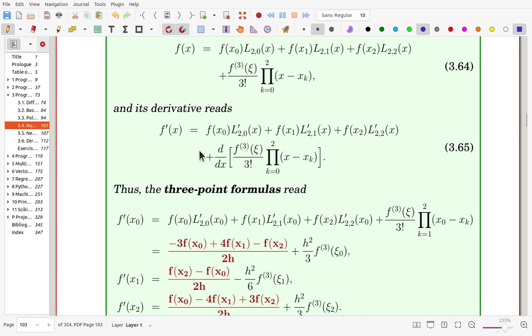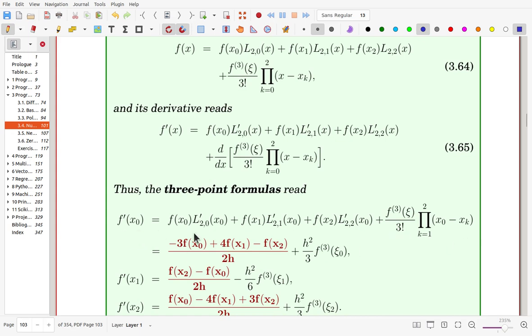Once we evaluate at x0, then also, because it's a product, it'll be simplified. And if you go into detail, try to compute the detail, then you can reach this one.